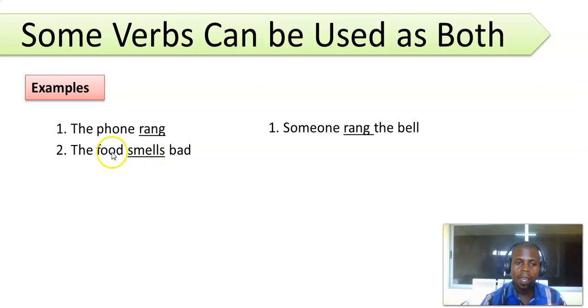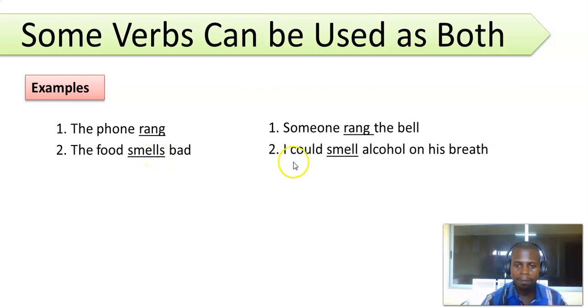Of course, we can remove bad and have the food smells. This is an intransitive use of smell. But look at this. I could smell alcohol on his breath. So smell here requires alcohol as an object for it to have a complete meaning.